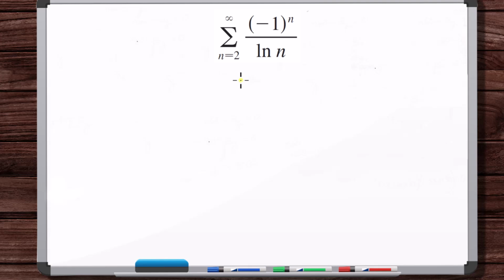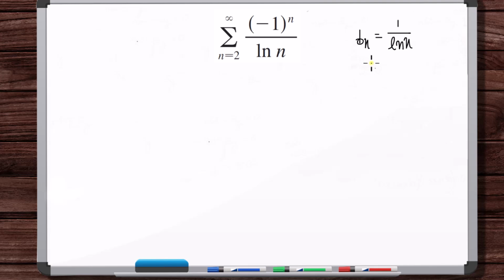But okay, we look here and we see that if we take the absolute value of this, we get the b sub n, and that is going to be 1 over the natural log of n. Now the requirement to be able to apply the alternating series test is that these terms need to be decreasing.